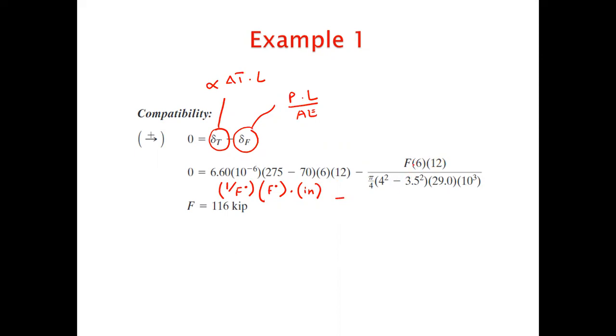For this one, F is unknown, and this is our required. We have to determine F. So for this one, 6 into 12, the unit will be inch, divided by pi by 4 d square into E. So what is the area?